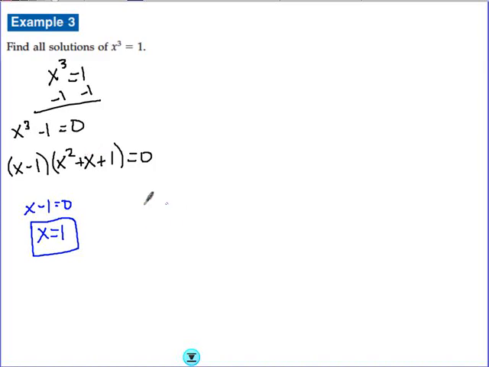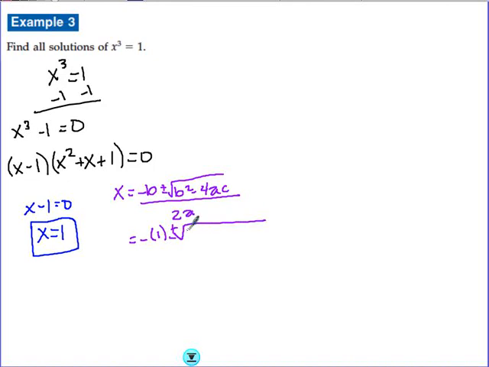So looking at this, I know that my quadratic formula is x equals negative b plus or minus the square root of b squared minus 4ac all over 2a. So then my b term is 1. So I've got a negative 1 plus or minus the square root of 1 squared minus 4 times a, which is 1, c, which is also 1, lots of 1's in this one, which makes it nice, and then 2 times a, which is 1.